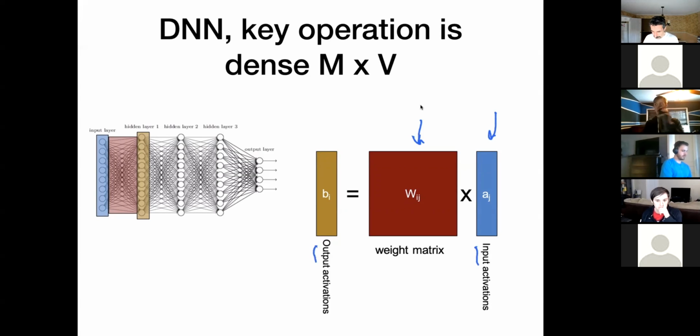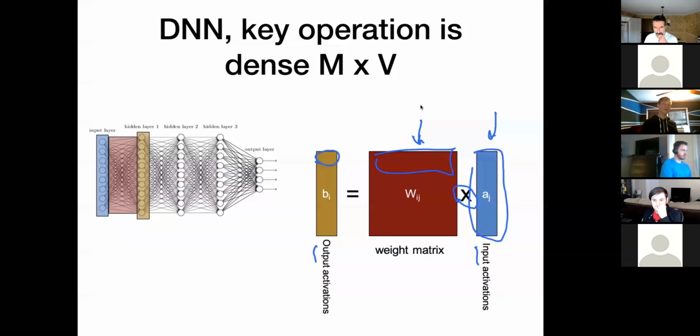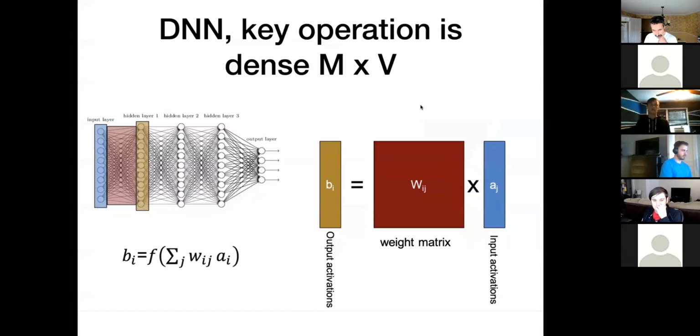So we had some operations. You also need to sum all of this. So you had this dot product plus sum to generate each of these values in the output activation vector. And you pass it through some nonlinearity to generate this output activation. So these are the key operations that you're familiar with.